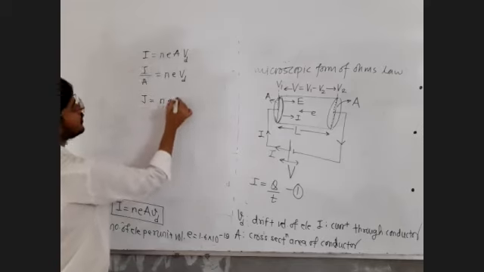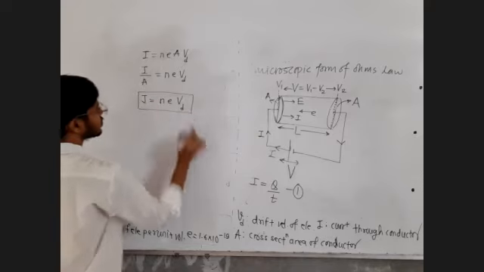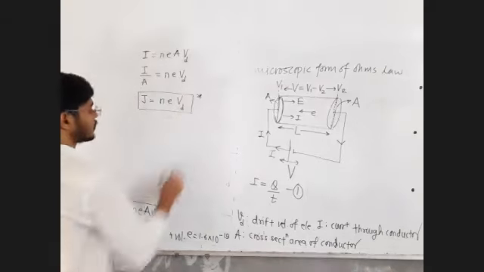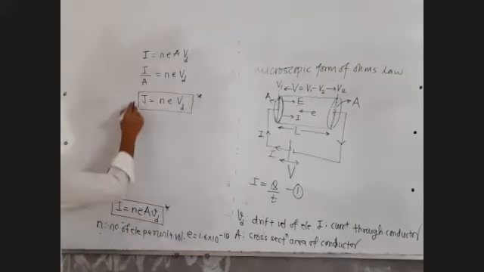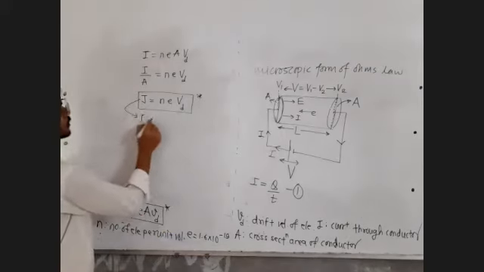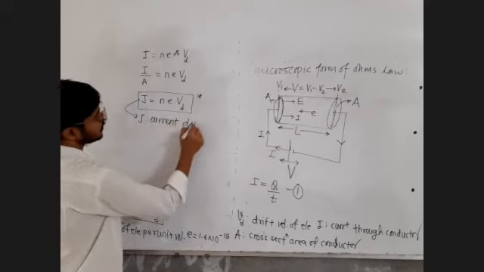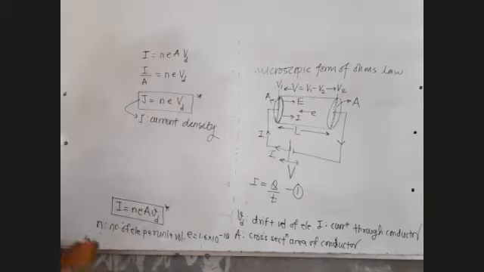So J is N E Vd. You will remember this. That's current density, current per unit area.